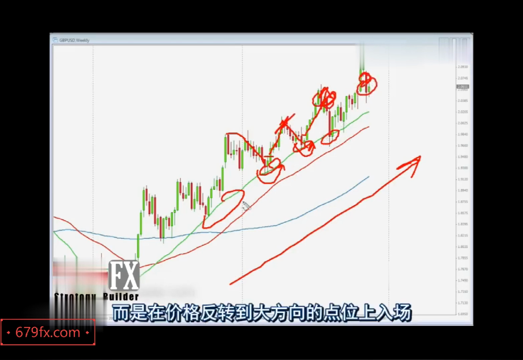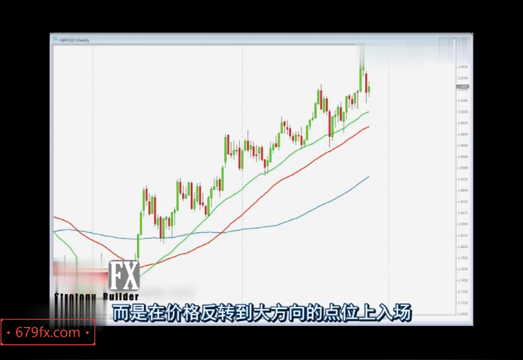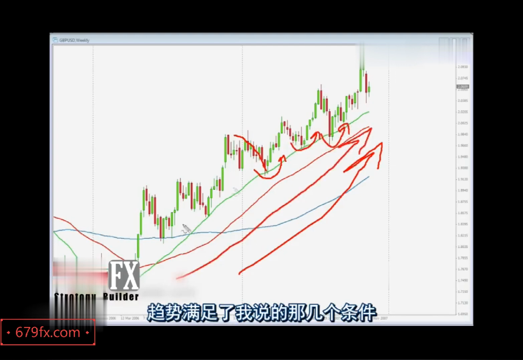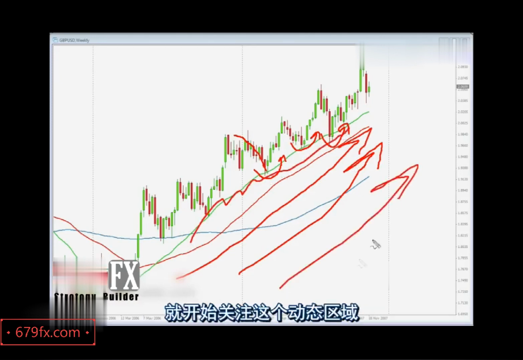No, I'm going long as price turns around, as price pulls back and then begins to curl around in the direction of the main trend. That's the beautiful area you want to enter long from. So, like I say, keep an eye on the dynamic area of support when you see a trending scenario as per my moving average conditions, because that's a very strong area.